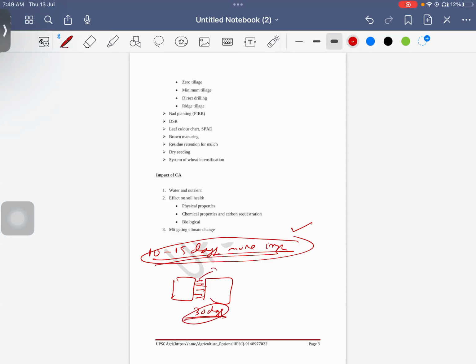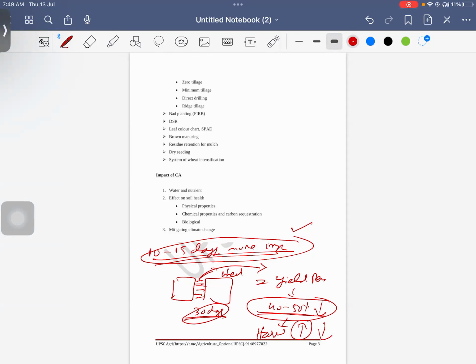That's why farmers burn. The reason is that if you delay the sowing of wheat, there will be a yield penalty. Yield penalty means around 40 to 50% yield loss, because at the harvesting time the temperature will be high and because of which yield will reduce.